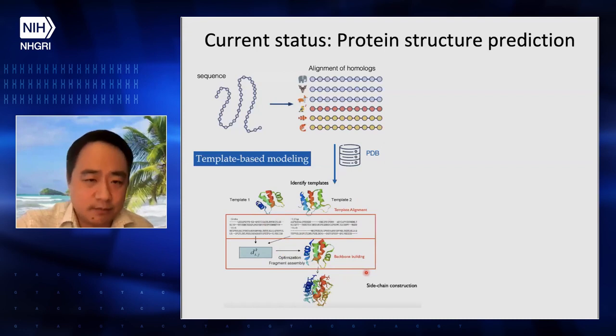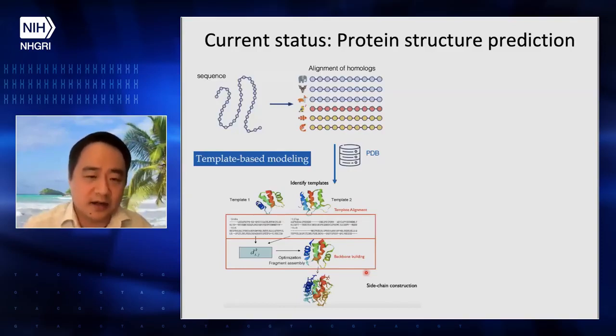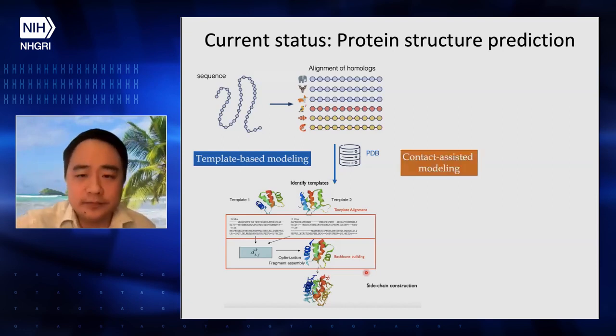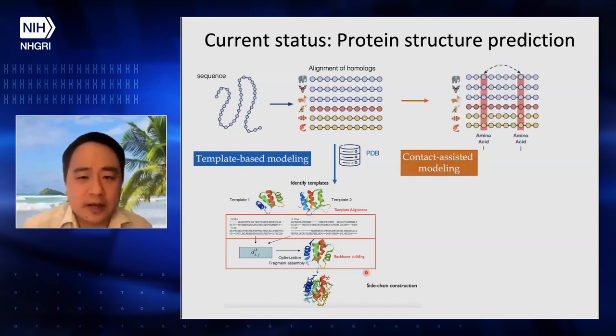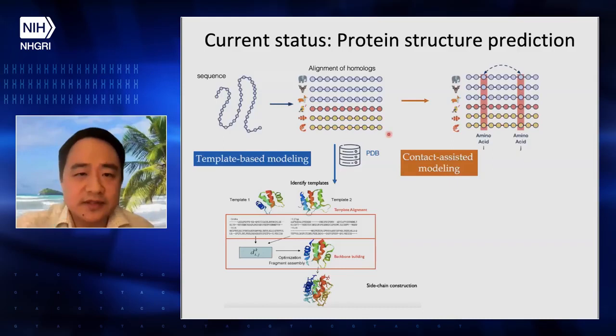Okay, but although this method is very reliable, it has hit a bottleneck: there's an upper bound, and we could not further improve the performance of template-based modeling for quite a few years. And most recently, in these years, the new paradigm is what we call contact-based modeling, where we rely on the information within this alignment.